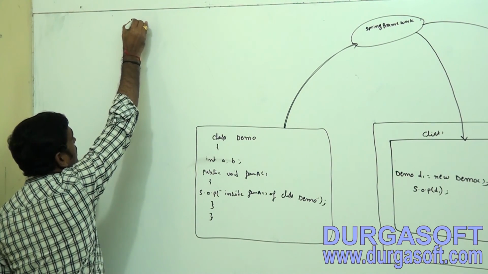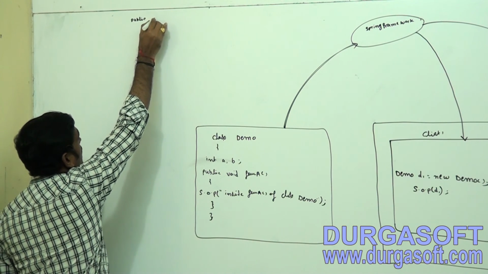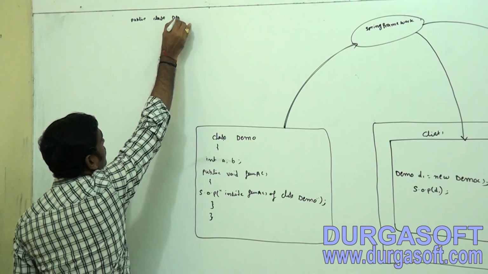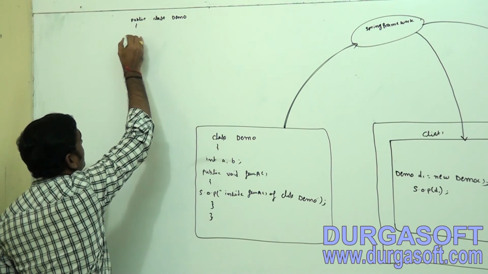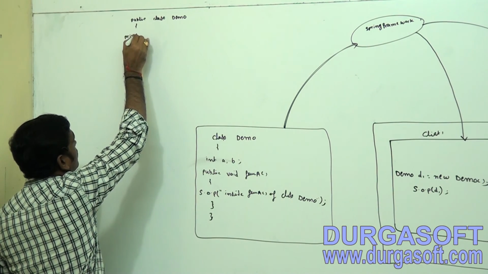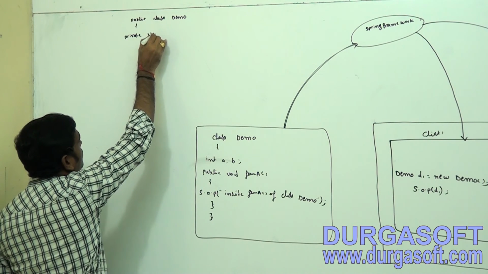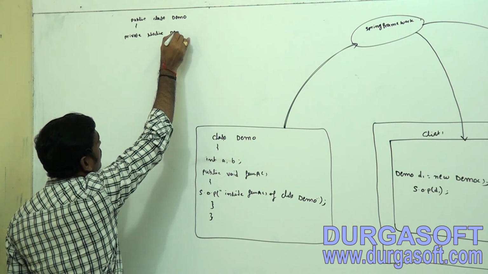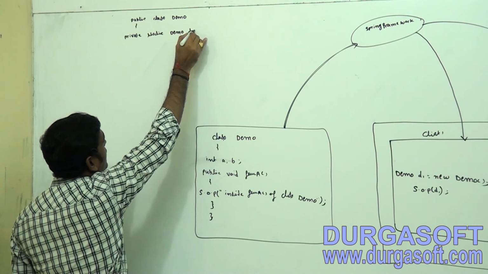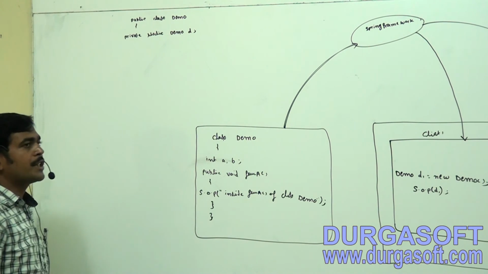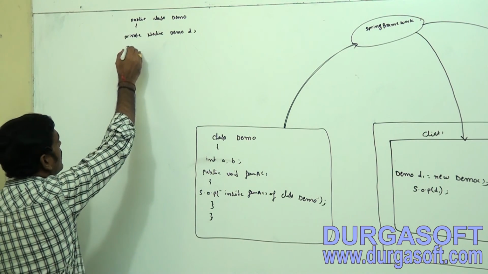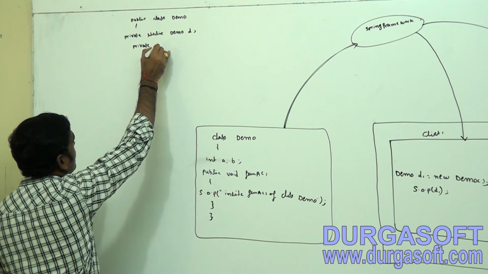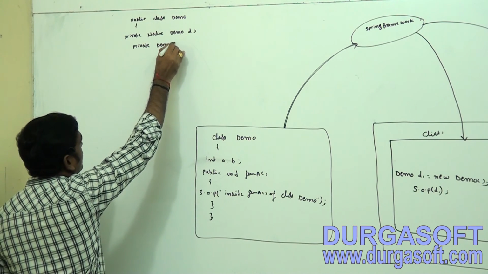For example, public class Demo. Under that, private static Demo d. The next, after that, a private constructor Demo.